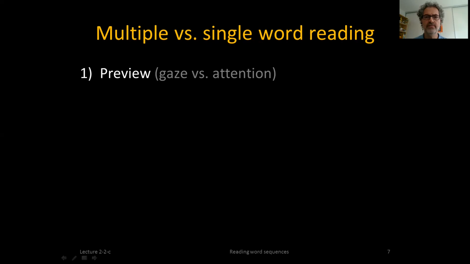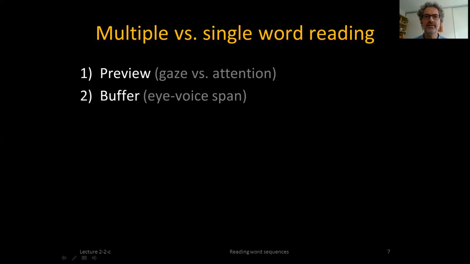When you have a sequence of words, you can begin to process the upcoming word before you actually turn to look at it, because attention is to some extent decoupled from gaze, so you can switch your attention to the next word before you jump to fixate on it. So preview is one difference between single and multiple word reading.